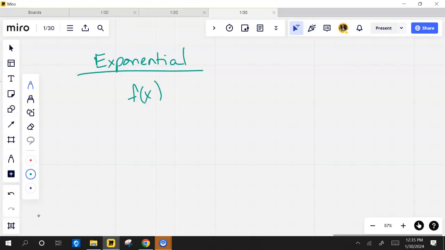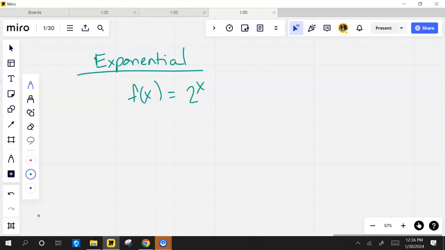Does anybody know what graph that is? What's the parent function? You're close, but we give it a base of 2 when we do this. That's the parent. There is an asymptote. Where is the asymptote on this one? No, look at the graph.